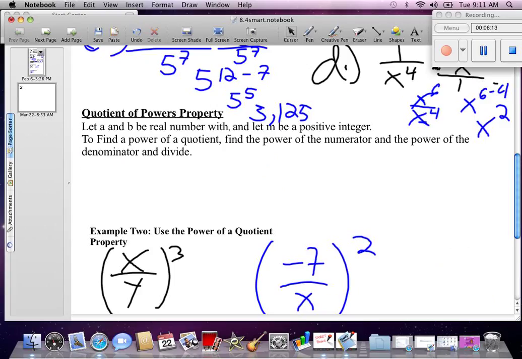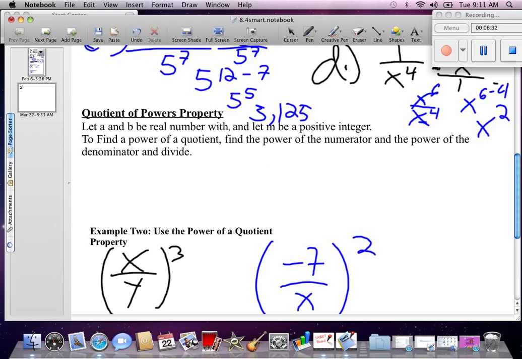Quotient. We will do more. That was just the first ones. Okay, quotients of powers property. Let A and B be real numbers with B not equaling 0, and let M be a positive integer. To find the power of a quotient, find the power of the numerator and the power of the denominator. So look at my example.